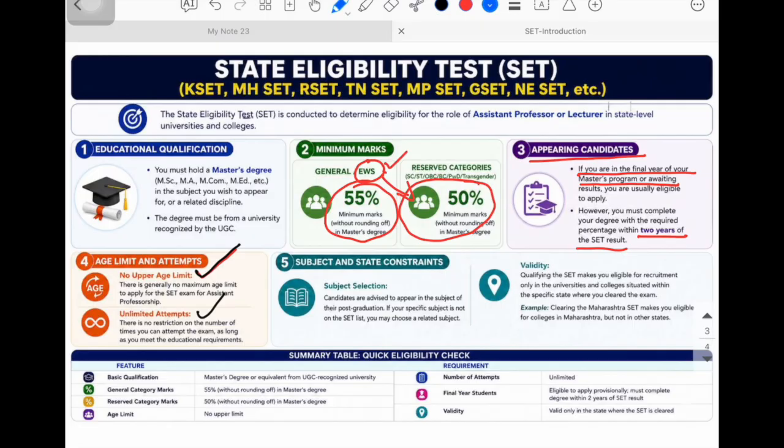If you have only NET and no JRF, you are still qualified to apply for an assistant professor post, and you can apply for a PhD, but the fellowship is not guaranteed.